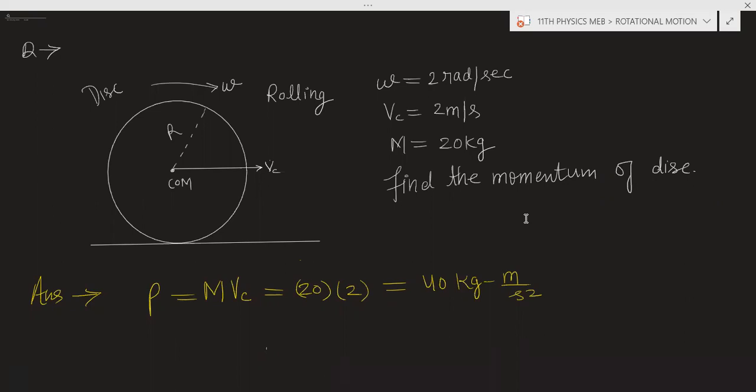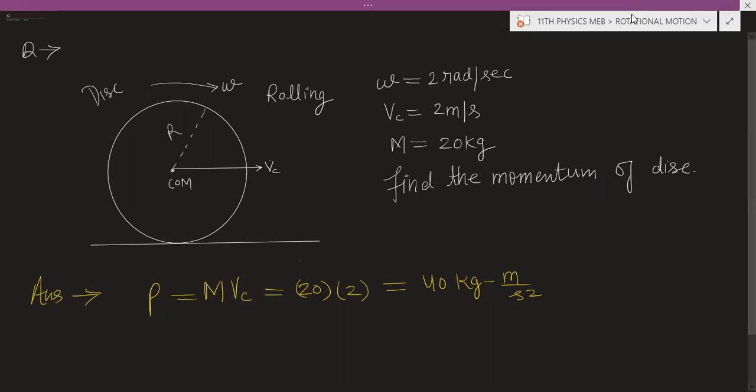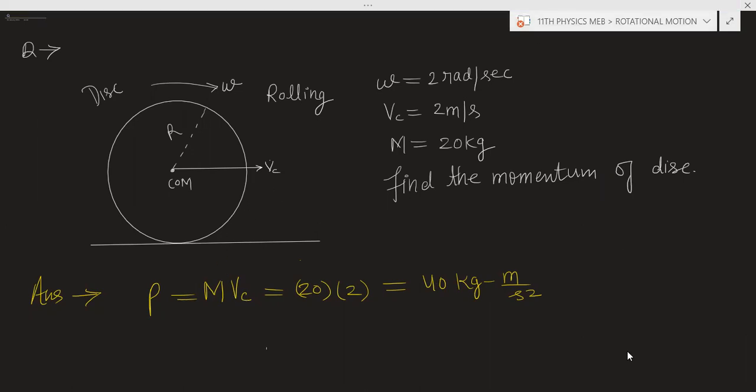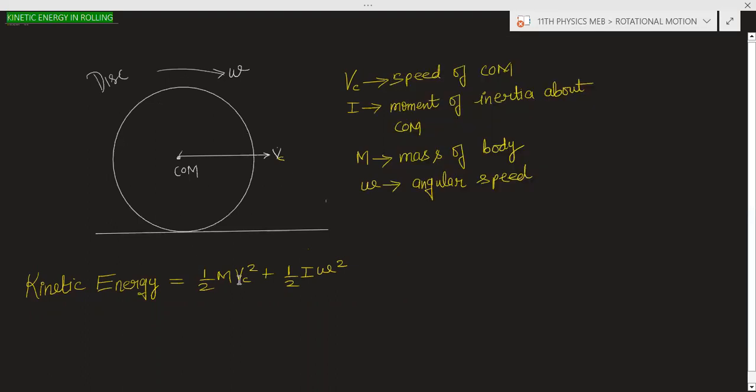Done, sir. Okay. So remember, in a rolling motion, momentum is mass into velocity of center of mass, m into vc. Simple. And for the kinetic energy, half m into vc square, what is vc? Velocity of center of mass, plus half I omega square. Okay, total kinetic energy. Okay, write down this.